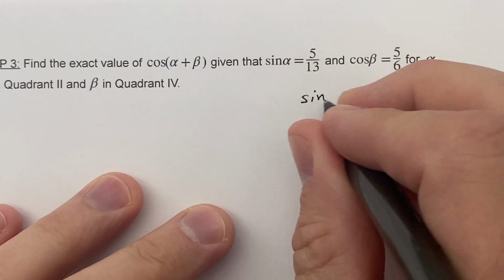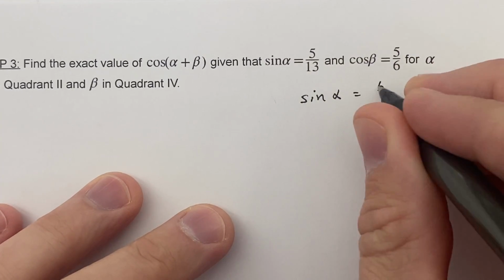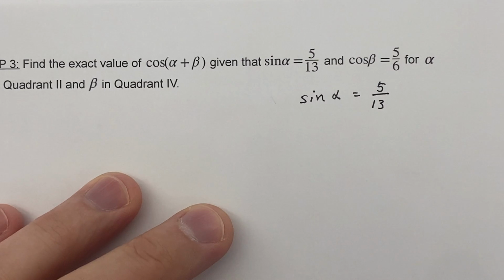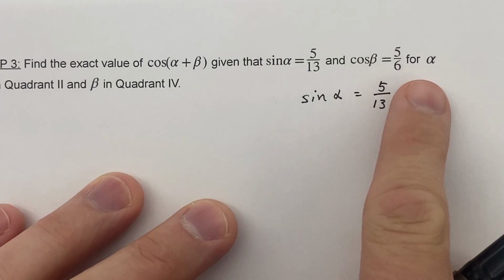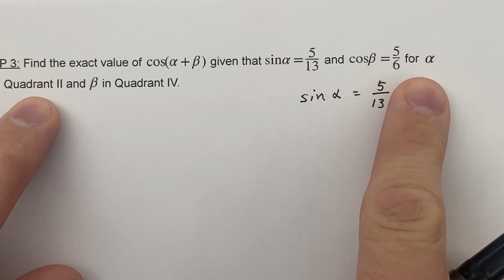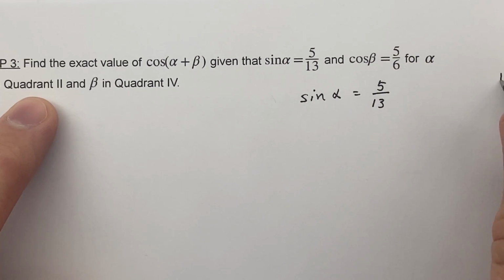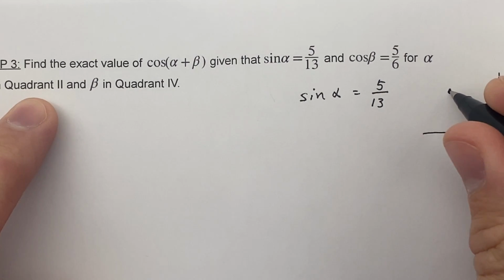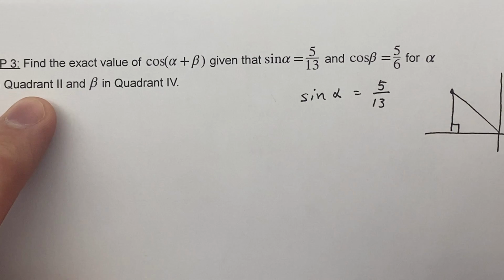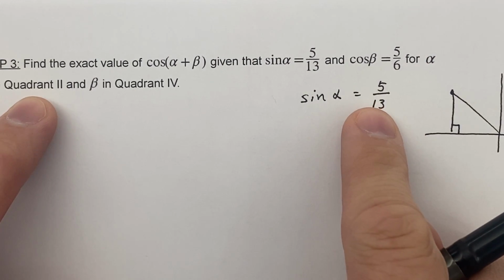Let's just start with that sine of alpha. Again, anytime they give you a ratio, it's a triangle, and they're given 2 out of 3 sides. Now alpha is told that it's in quadrant 2, so I'm just going to make a little sketch there of quadrant 2. There it is. I'm going to put my point there, draw my triangle. Sine, what over what?